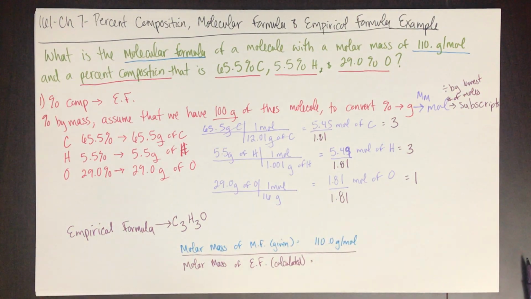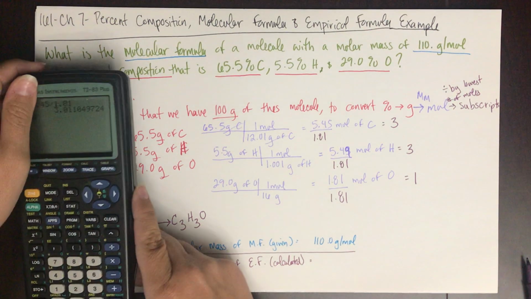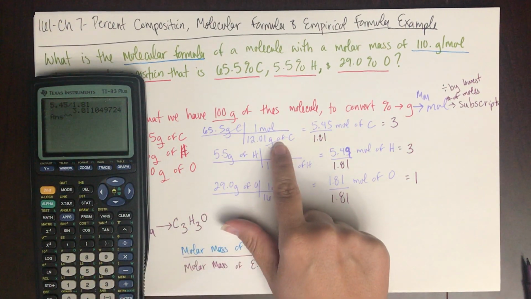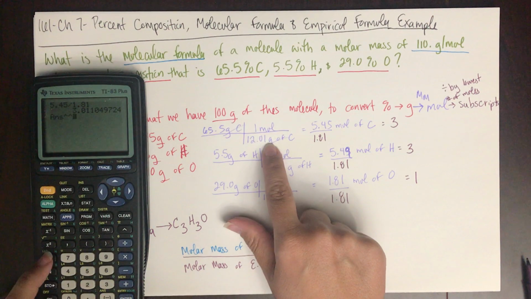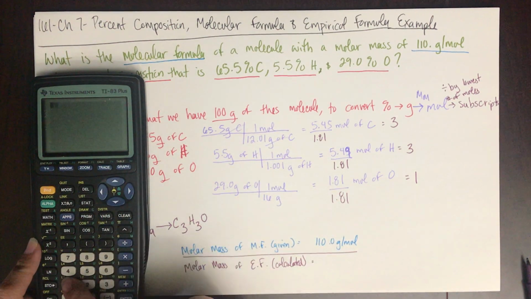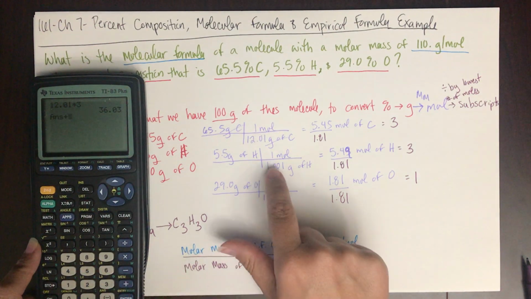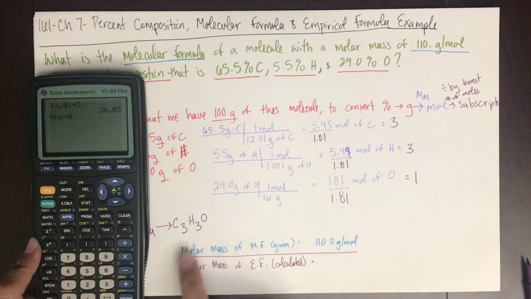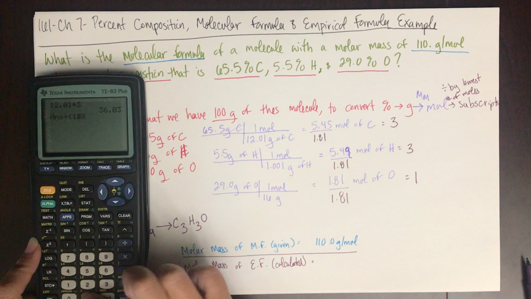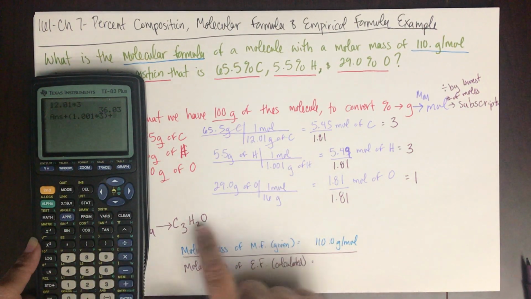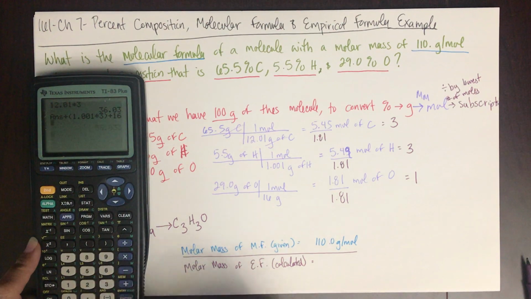So let's see what the molar mass of our empirical formula is. We're saying C times 3, so 12.01 times 3, plus hydrogen times 3, 1.001 times 3, plus 1 oxygen, 16.